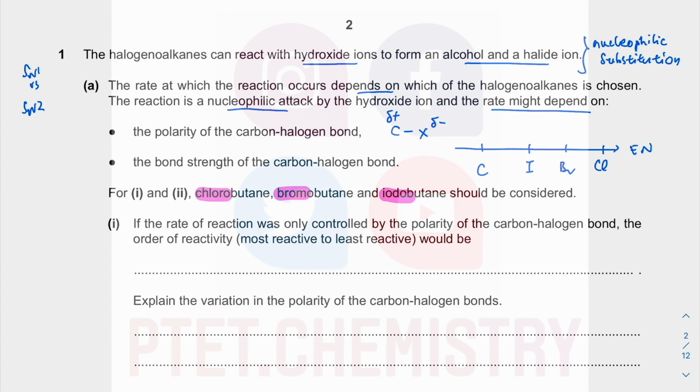And it also depends on the bond strength, so the energy of the carbon halogen bond. You're not given a data booklet in paper 5, so you need to appreciate that going down the group from chlorine to bromine to iodine, the halogen atom gets bigger. Therefore, the bond between carbon and the halogen will get longer, and a longer covalent bond would mean a weaker covalent bond because you have weaker electrostatic force of attraction between the bonding electrons and the two positive nuclei.